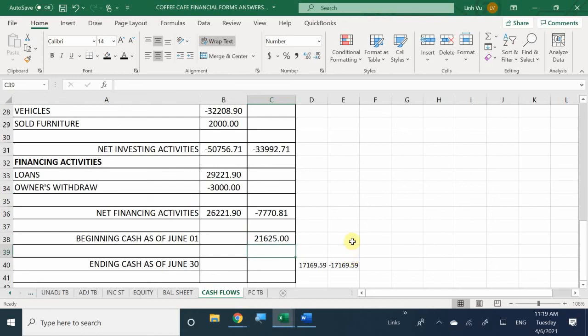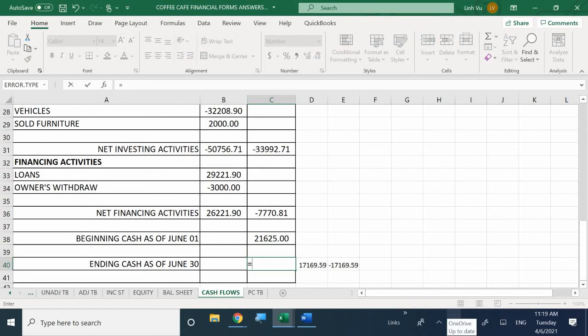We had to acquire the business license and permit for $375, so that took out the money right there. So this is what we started out with when we began the company, $21,625.